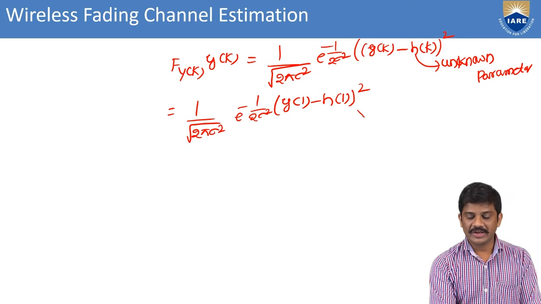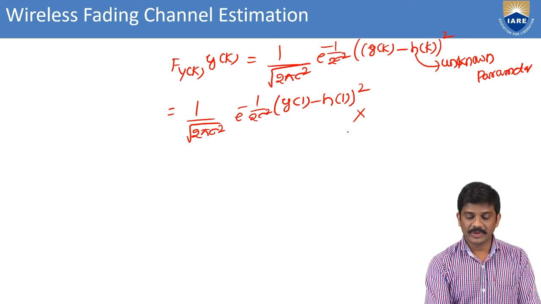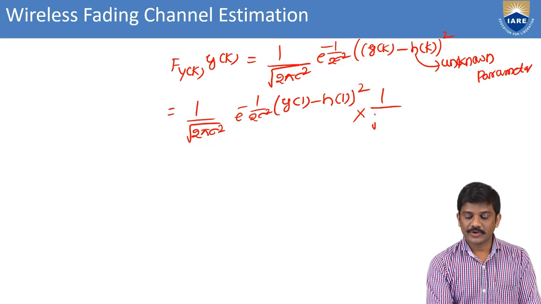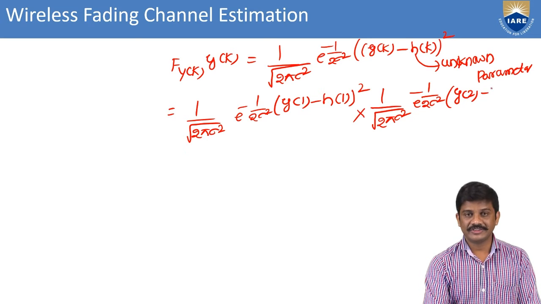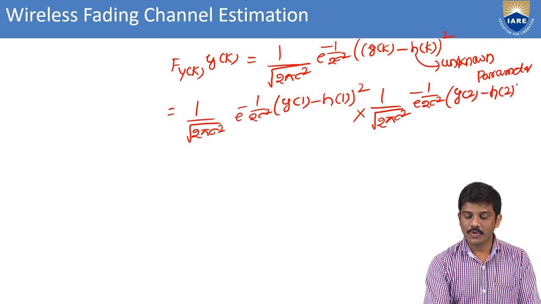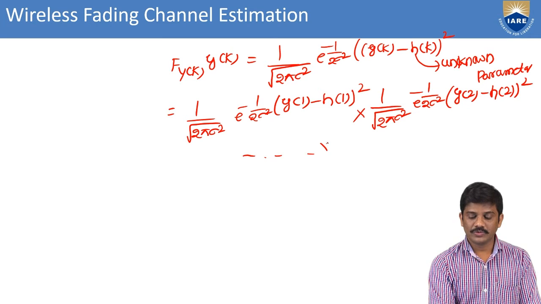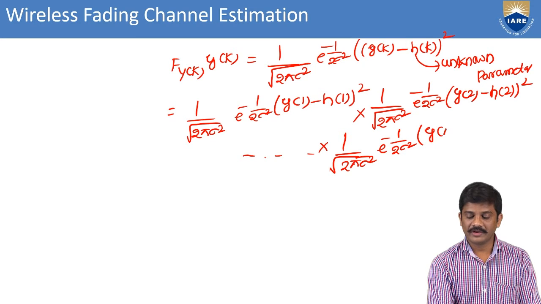We multiply with another symbol, the same 1 by under root 2 pi sigma square e power minus 1 by 2 sigma square, where we consider y of 2, another received symbol, (y of 2 minus h of 2) whole square, and so on, into 1 by under root 2 pi sigma square e power minus 1 by 2 sigma square (y of n minus h of n) whole square.